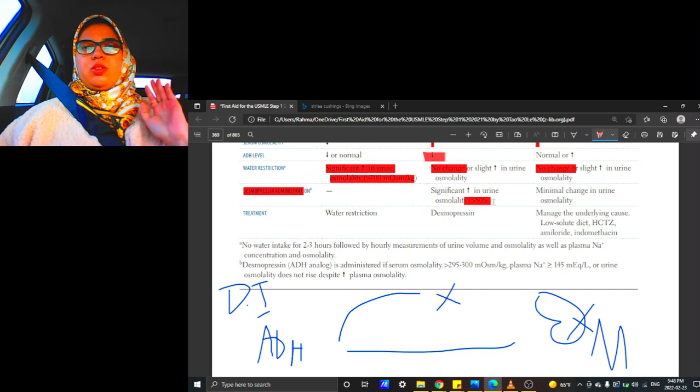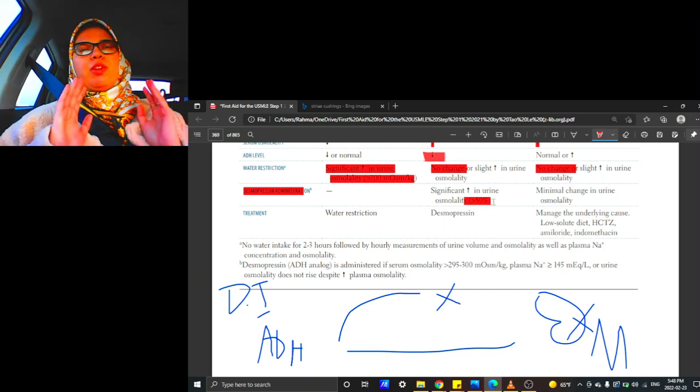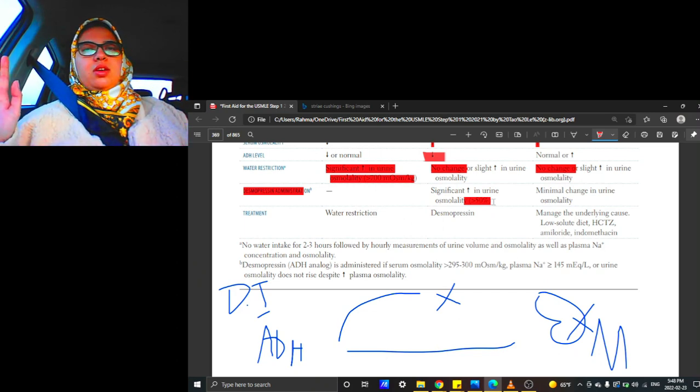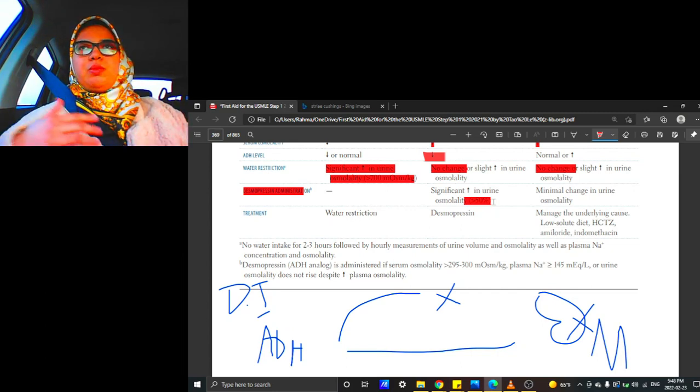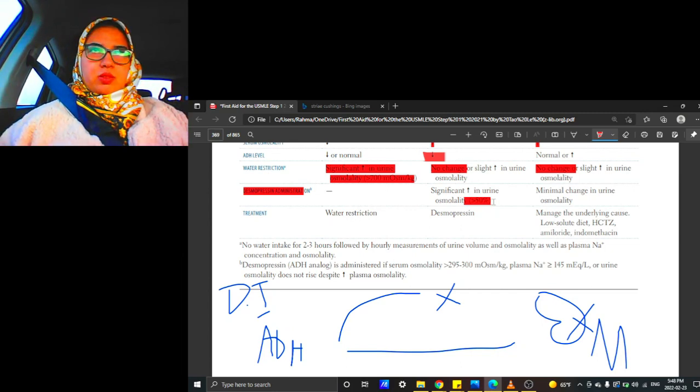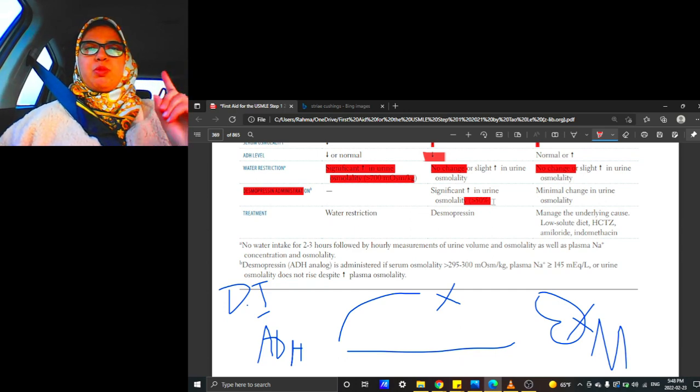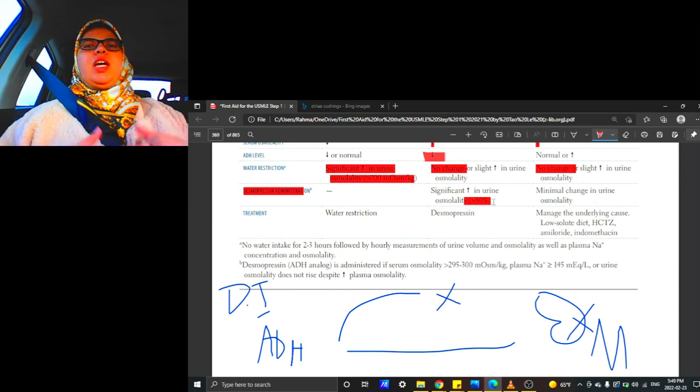So if I have more than 50% increase in urine osmolality after desmopressin administration, I know I'm dealing with central. Now what's going to happen with nephrogenic without looking? I have a patient who has nephrogenic diabetes insipidus. I stop them from drinking water. No change. Now I give them desmopressin analog. To someone who has mutated receptors and there's resistance in the kidney to ADH, nothing's going to happen. The osmolality of the urine is going to remain low in this patient.